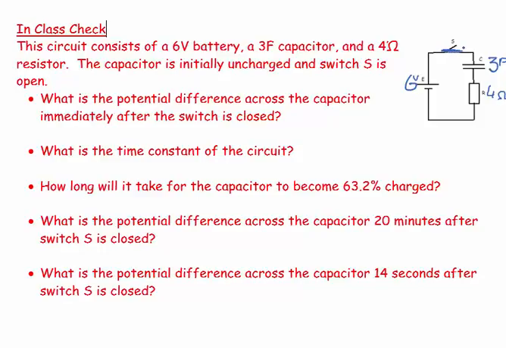Okay, so I've closed my switch, and now my potential difference is applied across both components. Maybe they'll divide the potential difference. The potential difference across the resistor is given by V is equal to IR.